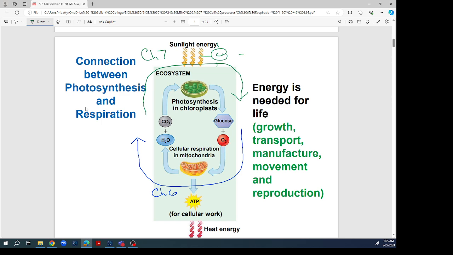And really what we're talking about is the energy that's going to be packaged in this process of cellular respiration is needed for life, right? All of the components of life that we talked about, or the criteria of life, is really why we have this process of cellular respiration. So it's a whole lot of biochemistry. It is fundamental. So be patient with yourself. It's a lot.